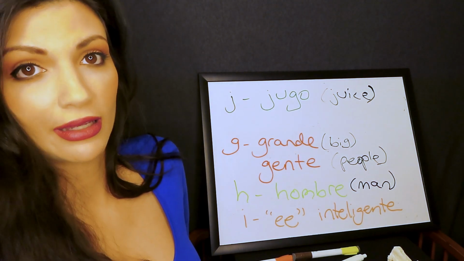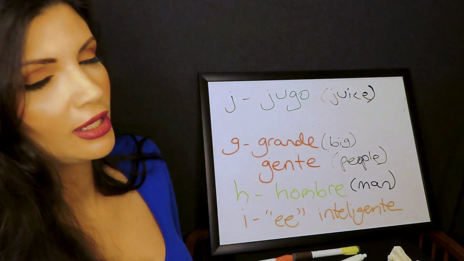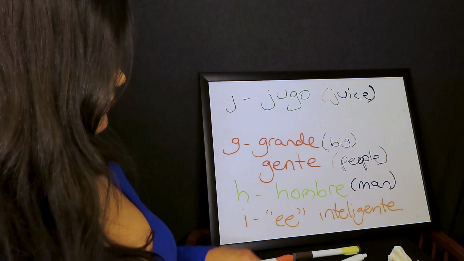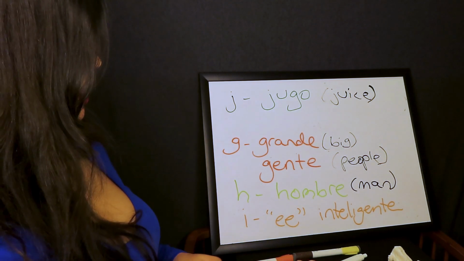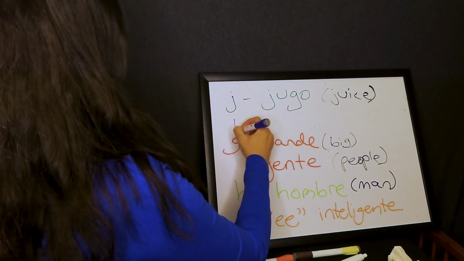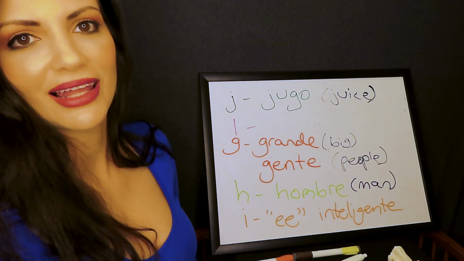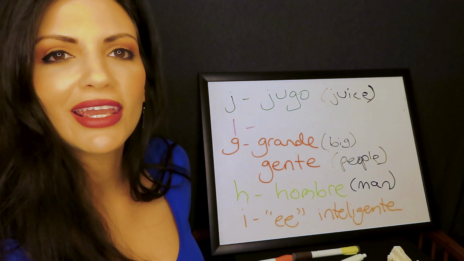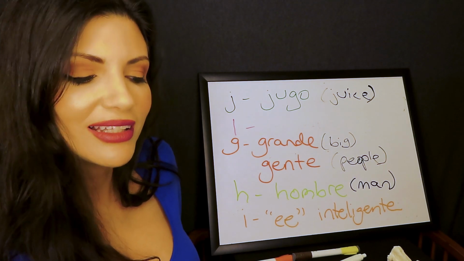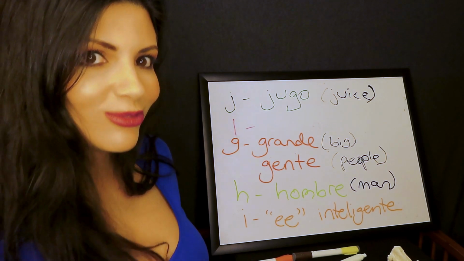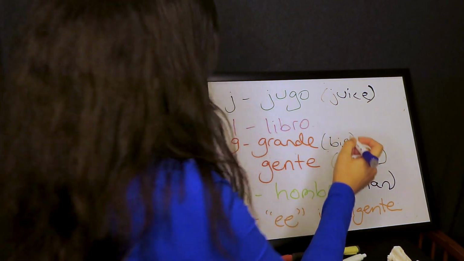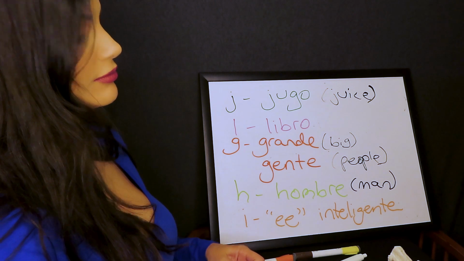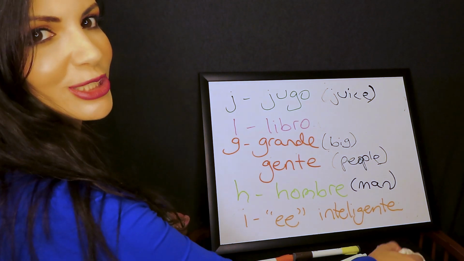K is not very common in Español, so we'll just skip over that one. It's the same as English. Then there's L, which is the same as English, and used in words like libro. Libro, which means book.